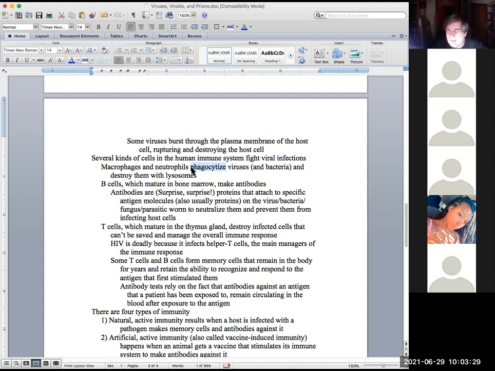And once they eat them, then they combine them with a lysosome. So remember, lysosomes are those membrane-bound organelles in the cell. They contain hydrolytic enzymes, which are sometimes also called digestive enzymes. And these enzymes take proteins, break them down to amino acids, take nucleic acids like DNA or RNA, break them down to nucleotides, take polysaccharides, break them down to monosaccharides.